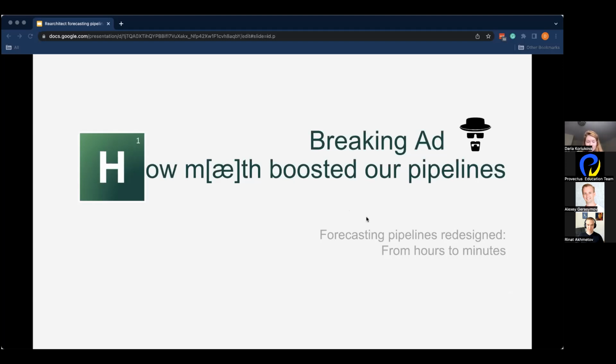And for those of you who believe that data engineering work is rather simple and boring and only about bringing data from a database to S3, I'm not going to try to convince you, but I hope that at least I will highlight some of the fun things that can happen. And in our case, we were able to achieve the goal of reducing the processing time with the help of discrete math. And I'm going to tell you how we did it today.